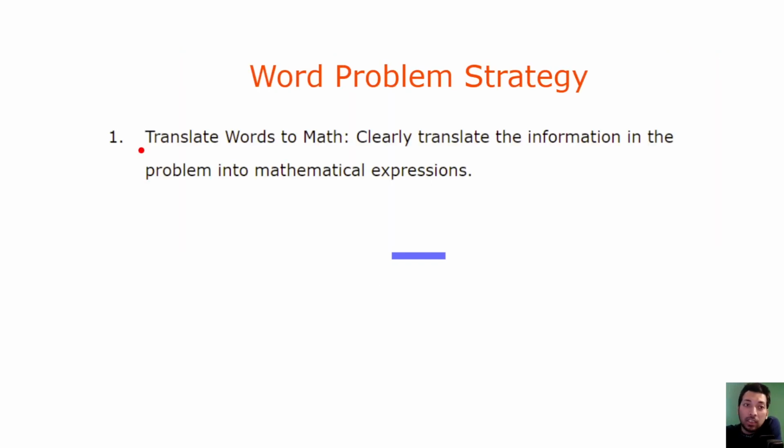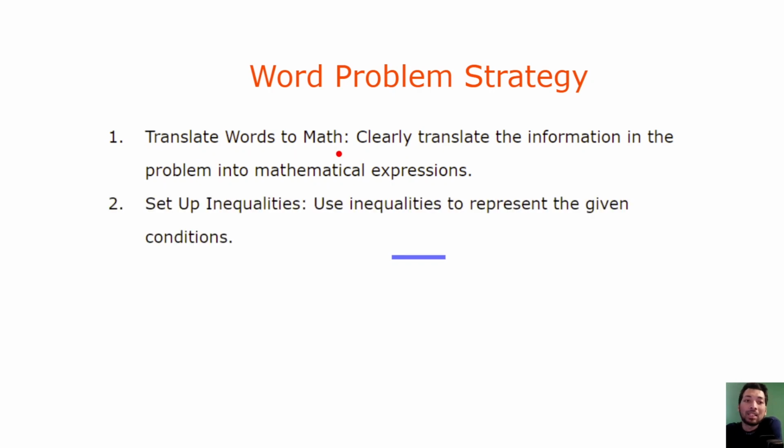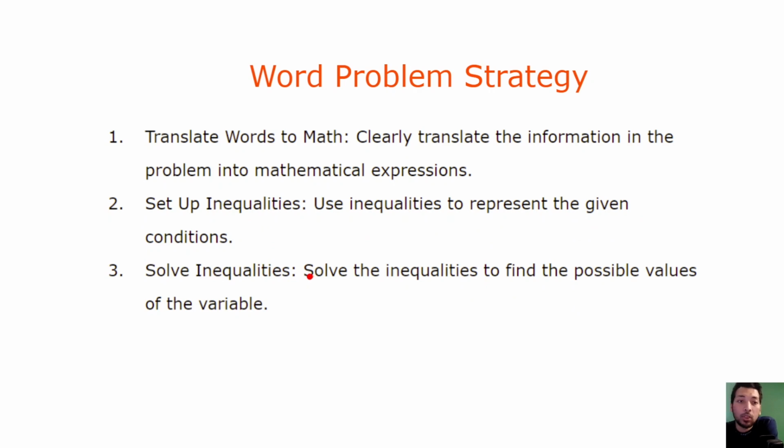The first strategy is to read the word problem, identify the keywords, and translate those words into mathematical expressions. The second is, once we gather those keywords, we set up the inequalities to represent the given conditions. The third is to solve the inequalities to find the possible values of the variable.